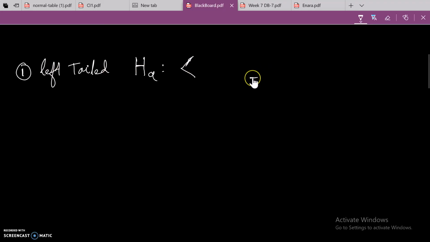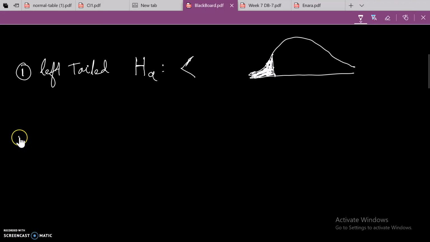And how does it look? It looks like this. Left tail test: this is the normal distribution, and this is the left tail. This is the area. I will talk about this area later. This is in the left tail, the rejection area. So if the alternative hypothesis contains a less than symbol, it's a left tail test.